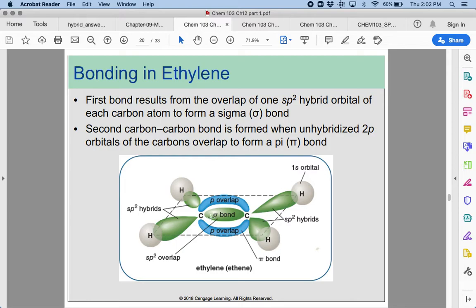So what we have happening is, remember we had that concept of the sigma bond that we talked about in the last chapter. To get a double bond, it's a sigma bond, and then we have that unhybridized p orbital. This one also has an unhybridized p orbital, and those p orbitals overlap and give us our pi bond. So please remember, even though this looks like there's 3 bonds here, this is not.